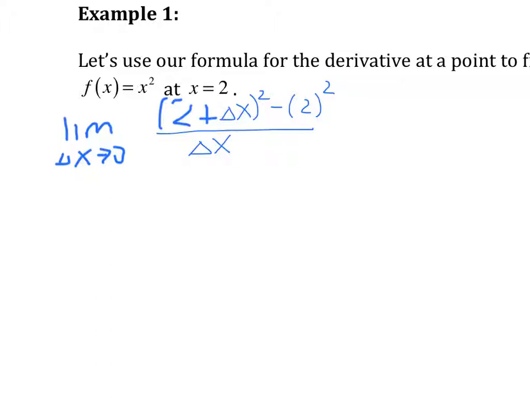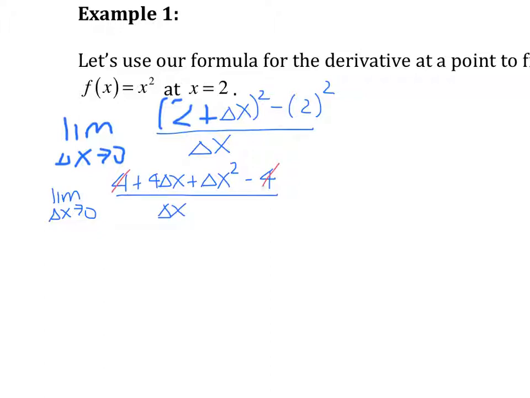Now when we evaluate this, we can FOIL everything out. So we have limit as delta x approaches 0, we get 4 plus 4 delta x plus delta x squared minus 4 all over delta x. Conveniently these 4's cancel, and if I divide through by delta x, one of those cancels.